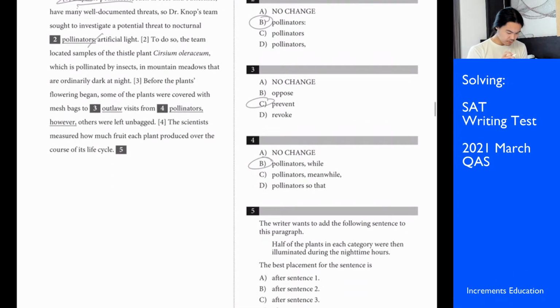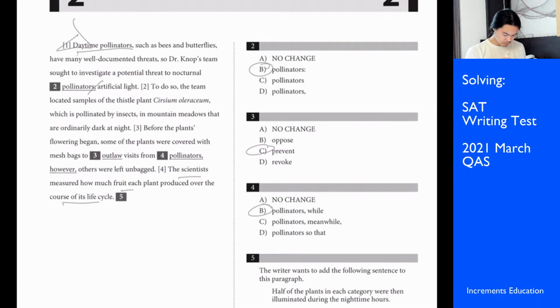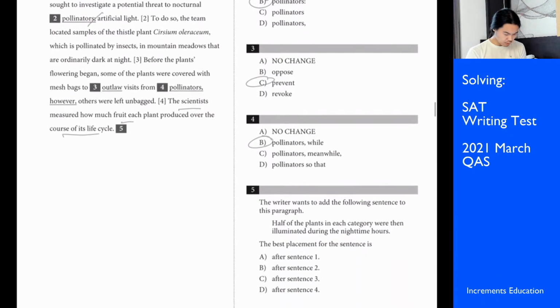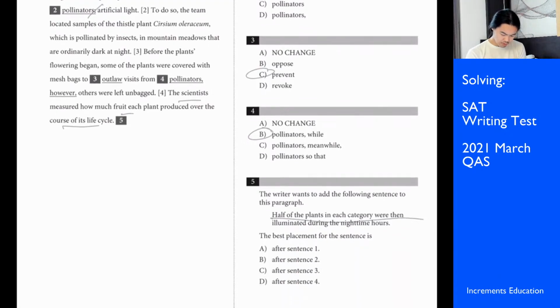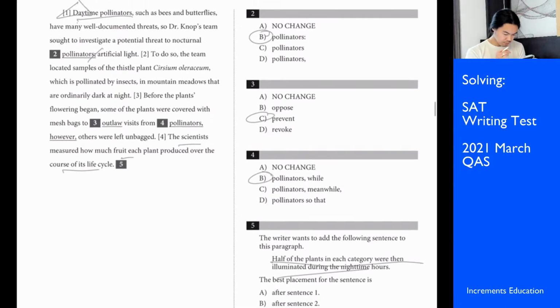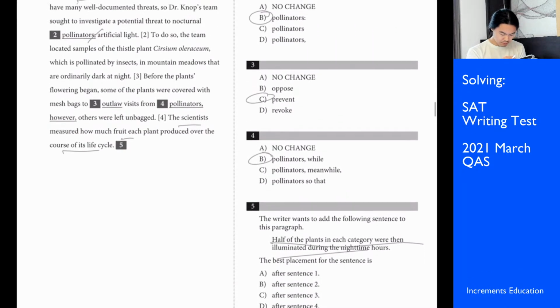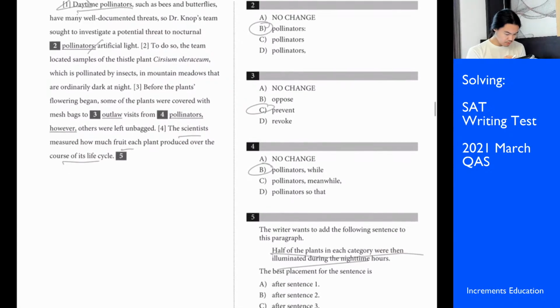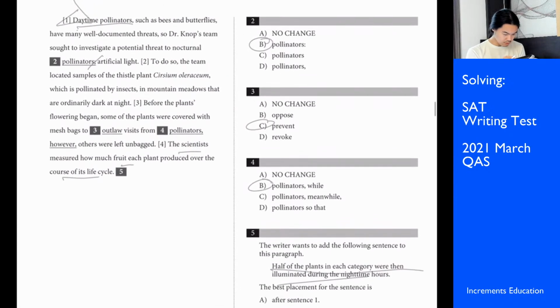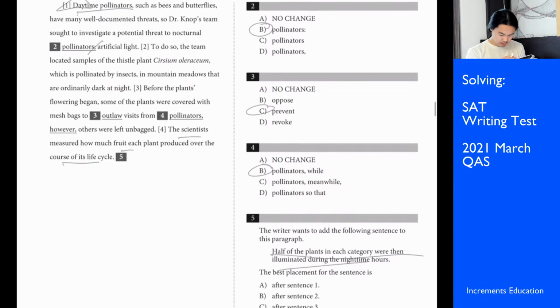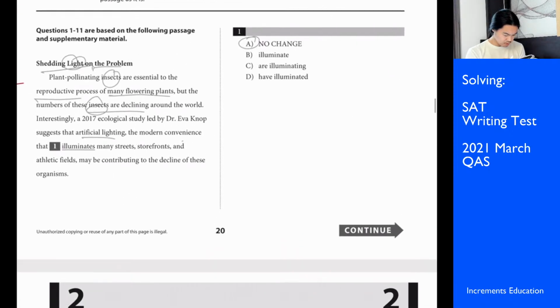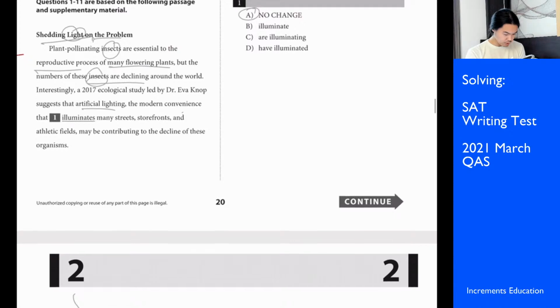Fragment, okay. Okay, we want to add this thing. This is description. So we need to have the categories.